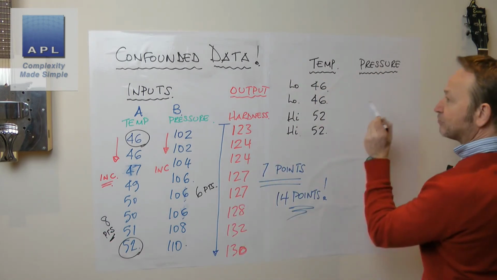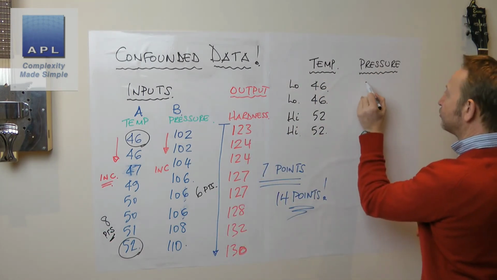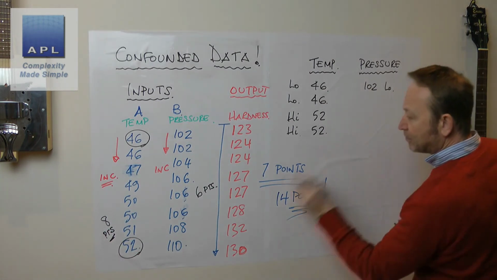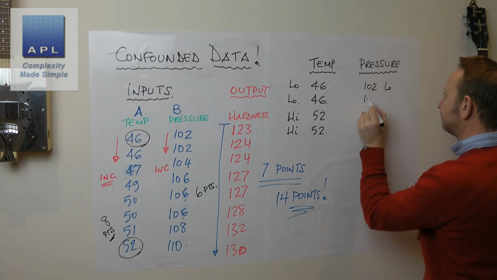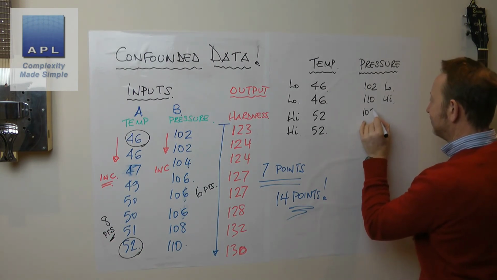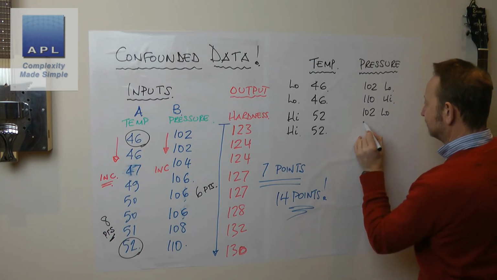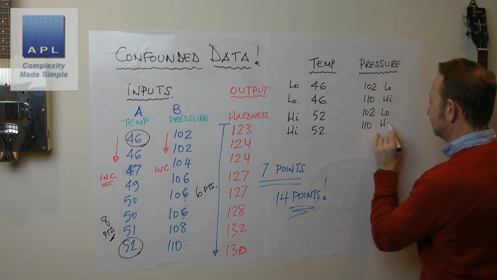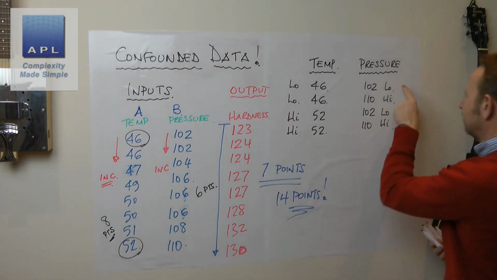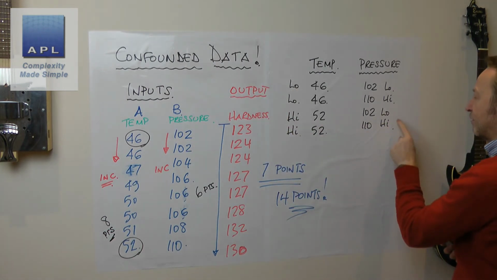So now what we do is we go low on the pressure, would be 102. High on the pressure would be 110. So you can see, look, it's a different pattern. Low, low, high, high. And we've alternated here, low, high, low, high.